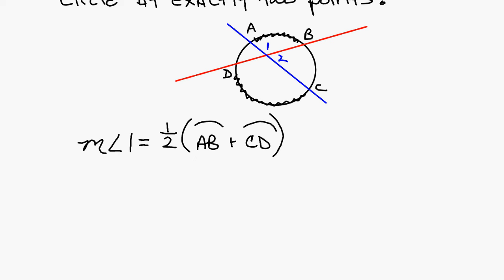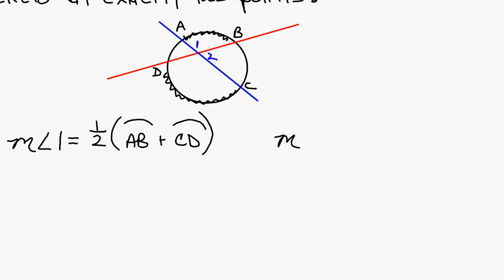The measure of angle 2 is going to be equal to 1/2 times. Now, angle 2 is connected to or related to arc BC, and the vertical angle to angle 2 is connected to arc AD.